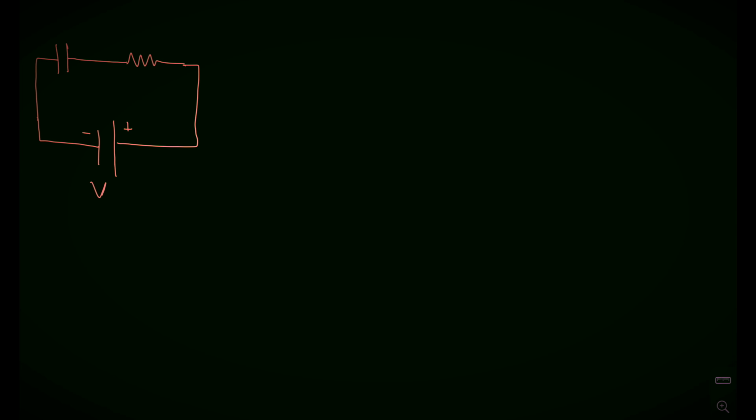This battery voltage is B. Charging RC circuit. Now, this is the capacitor having capacitance C. This is the resistor or load having resistance R connected to the battery.